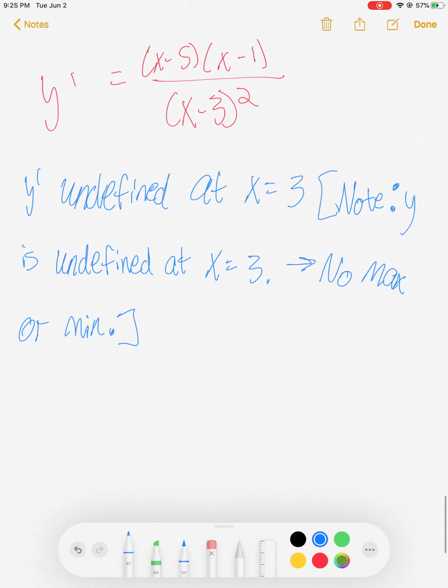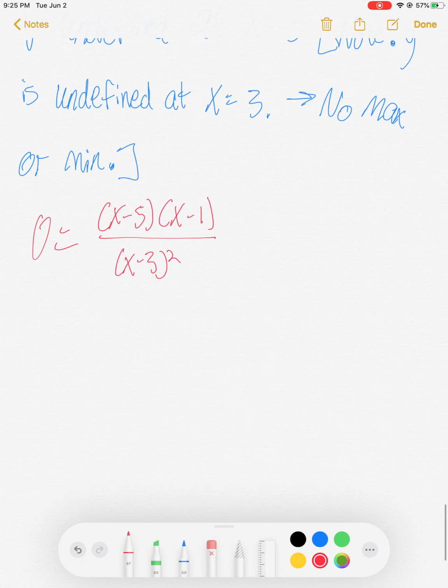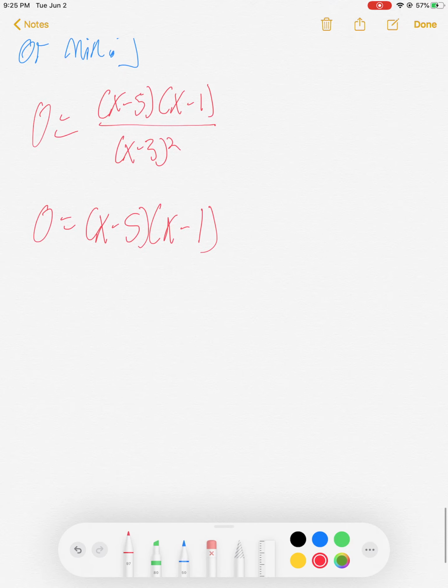Okay, so this means we can't have a max or min there, because in order to have a max or min there, we would need to have the function be defined there. So no max or min at x equals 3. Let's set this thing equal to 0. 0 equals x minus 5, x minus 1 over x minus 3 quantity squared.